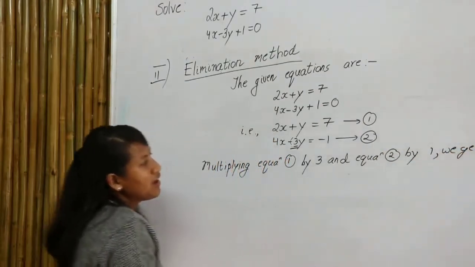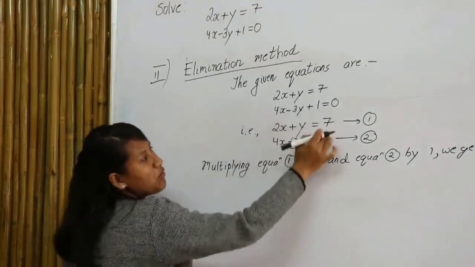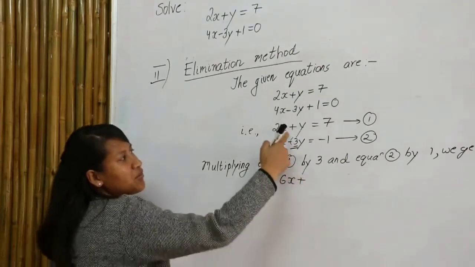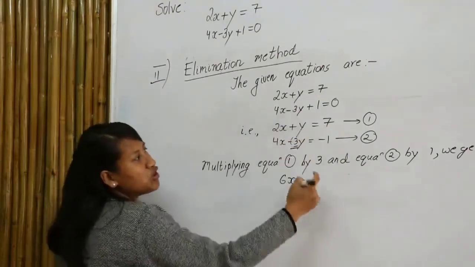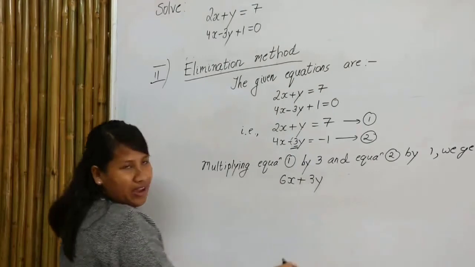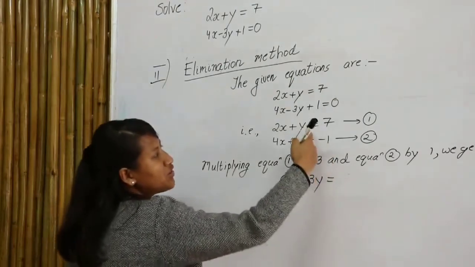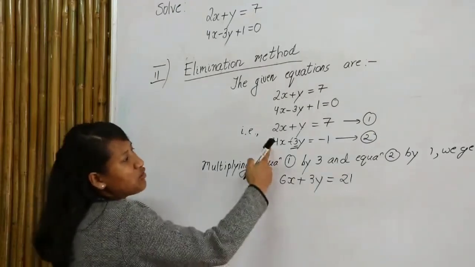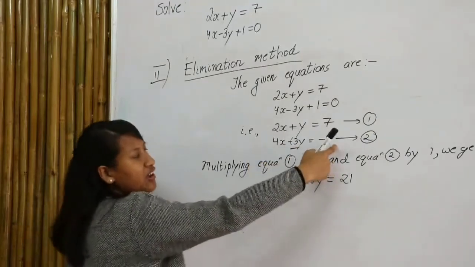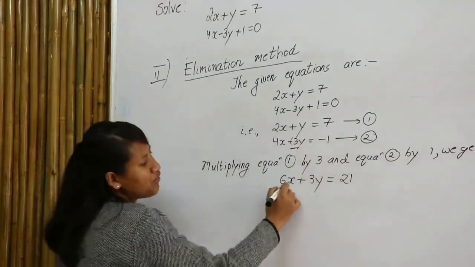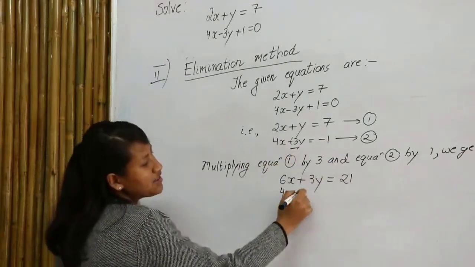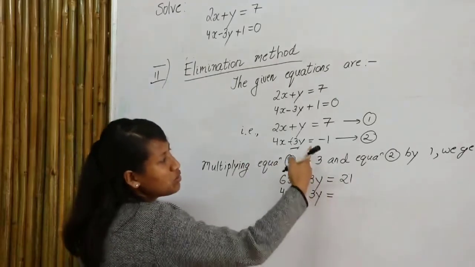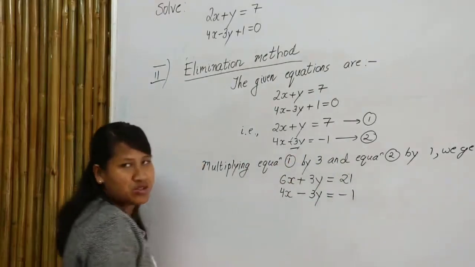So we get, multiplying throughout by 3: 3 2s are 6x plus 3 into 1y is 3y, equal to 3 7s are 21. Now this we multiply by 1: 1 4s are 4x, then minus 1 3s are 3y, equal to 1 into minus 1 is minus 1.